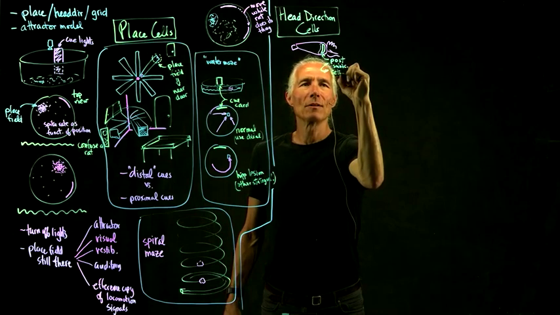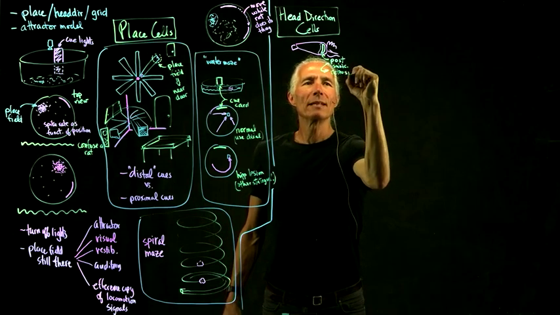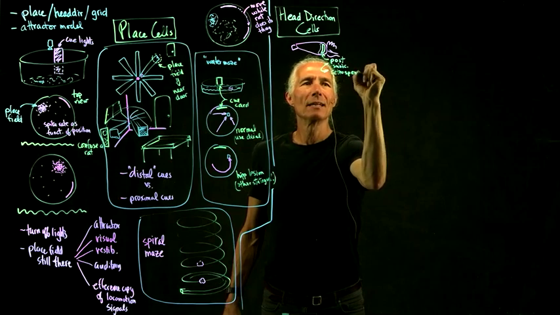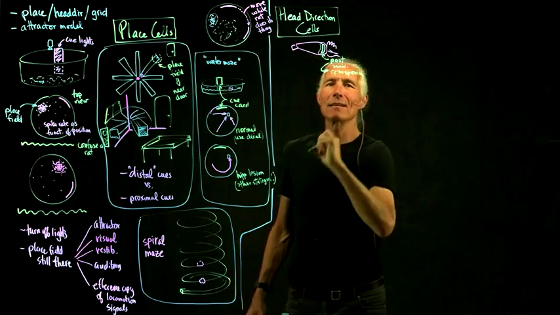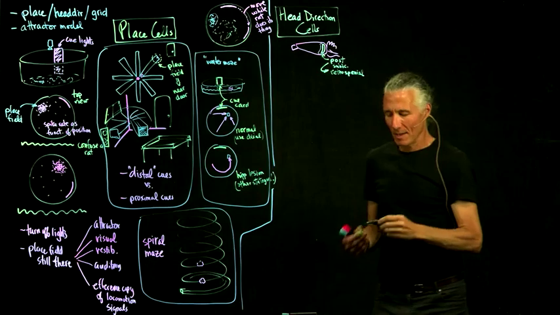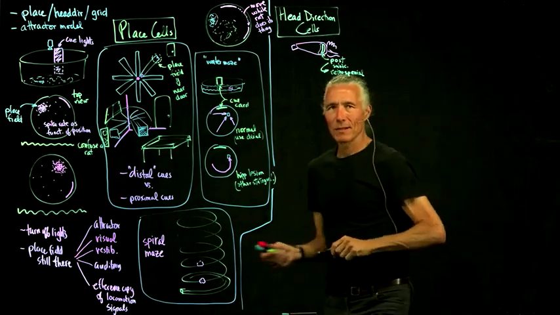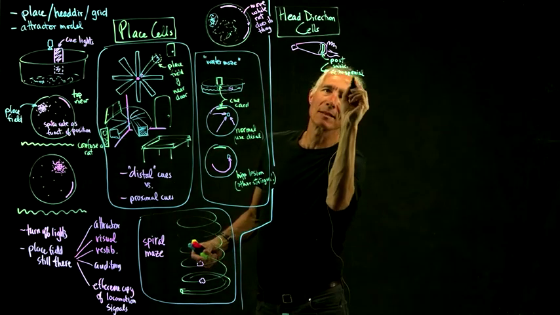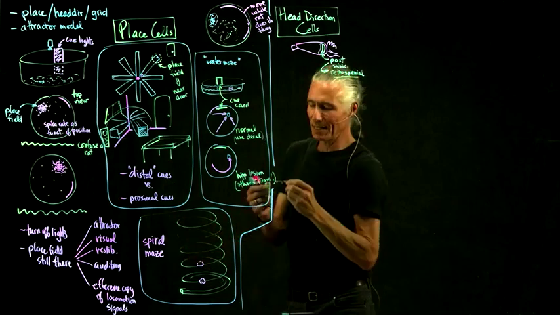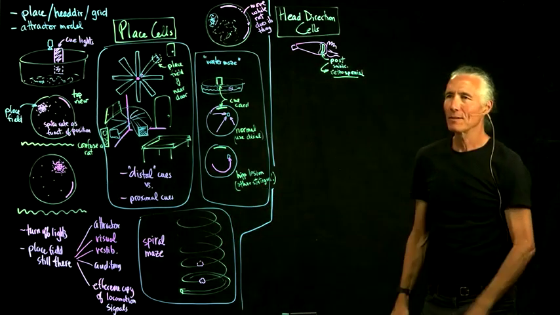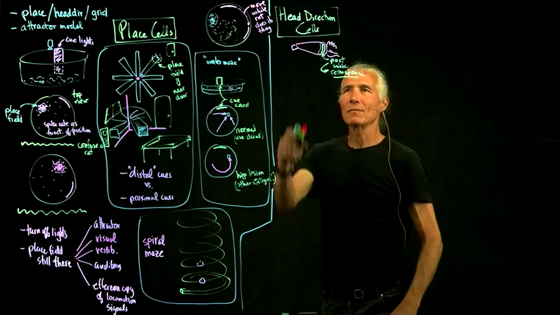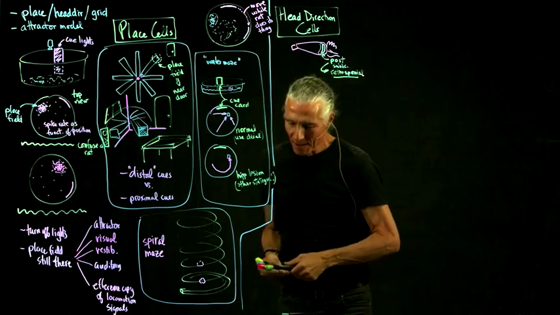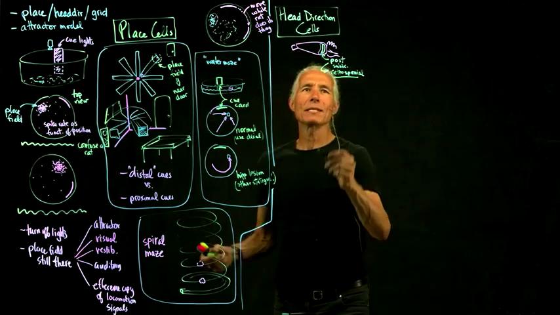That's an older word. And retrosplenial cortex means behind the splenium, which is the end of the corpus callosum. So retrosplenial cortex is where they were found. But since then, they've been found in a lot of other places.